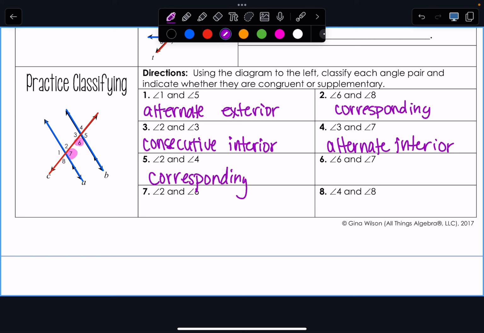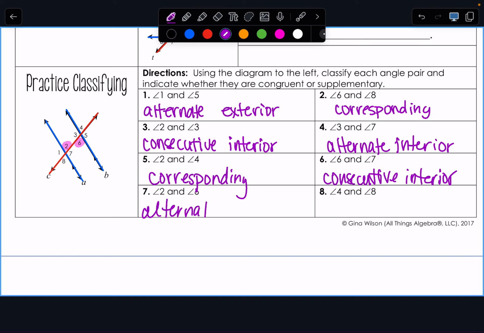What do you have for those? Consecutive interior. Good. Takes longer to write the words than to answer the question. All right, number 7. David, we have 2 and 6. Good. And then Lucas, in number 8, we have 4 and 8. What are those? Awesome. I get them all first try.